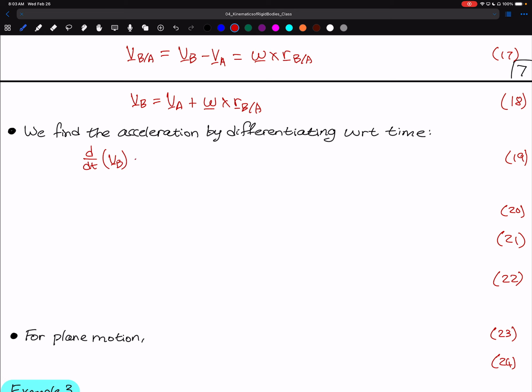This will be equal to d/dt acting on VA plus d/dt acting on omega cross r_B/A. And we are going to need to use the product rule for this second derivative term, because the cross product is a multiplication when it comes to derivatives.